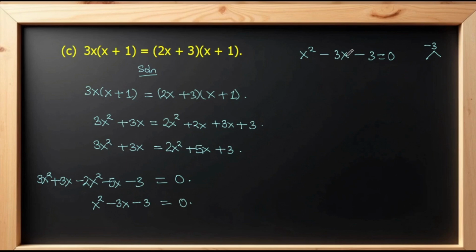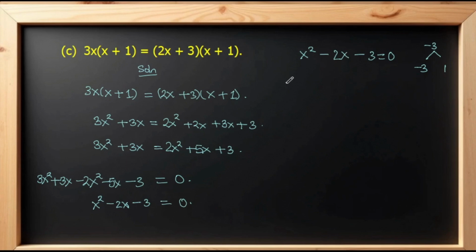Sorry, I think there's some small mistake. When you sum up these numbers, you're supposed to get here negative 2. Sorry about that. So the factors of negative 3, that when we add, to give us negative 2, and when we multiply, should give us negative 3 and 1. So I use this to also replace the middle term.